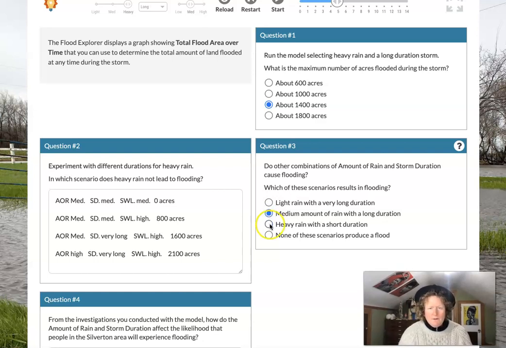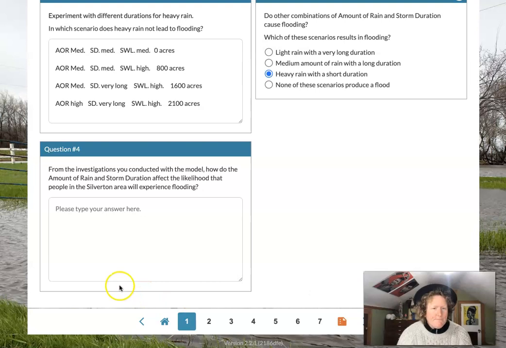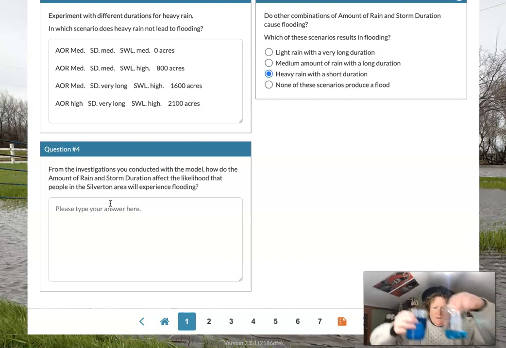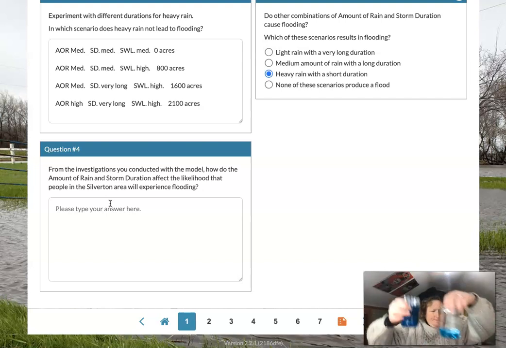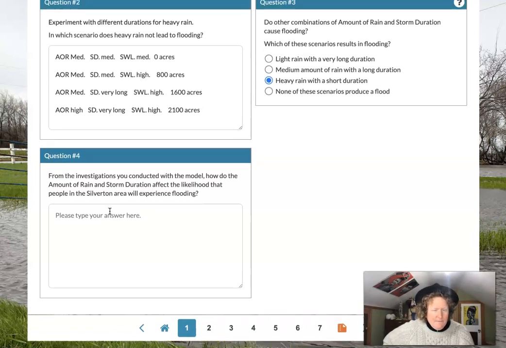So either one of these would really be a scenario that could cause a flood. It also, of course, depends on how much water is already in the river. From the investigations you conducted with the model, how does the amount of rain and storm duration affect the likelihood that people in Silverton will experience flooding?